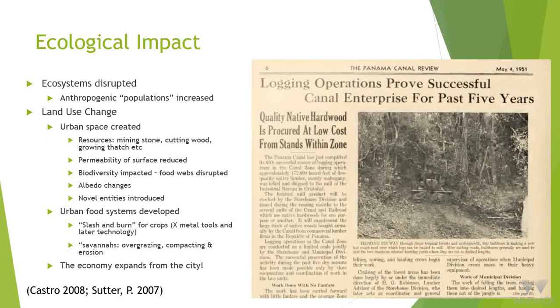It's of course not the case that all this was something that happened way back in the past and didn't continue. The history of the city is related to the continued deforestation of it, which is one of those more contemporary maps that we looked at just now about deforestation. And again, the Panama Canal Review is a fantastic historical source.